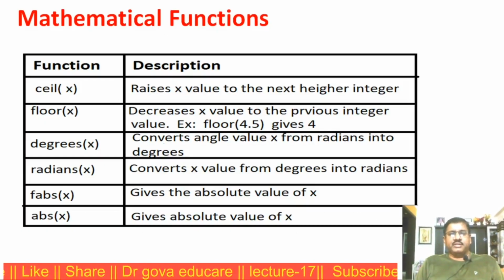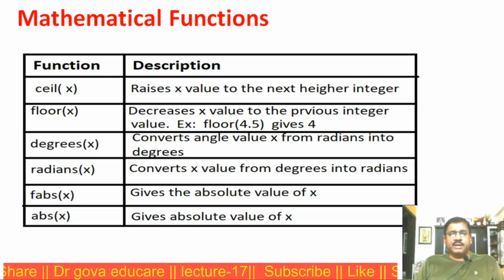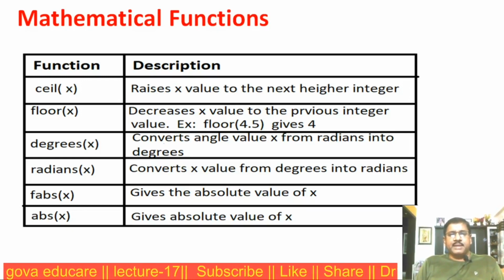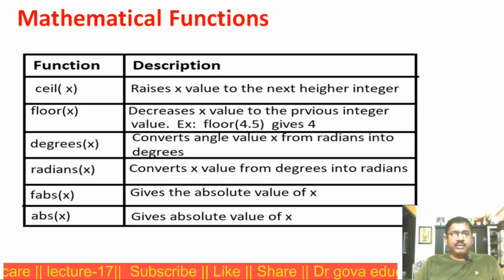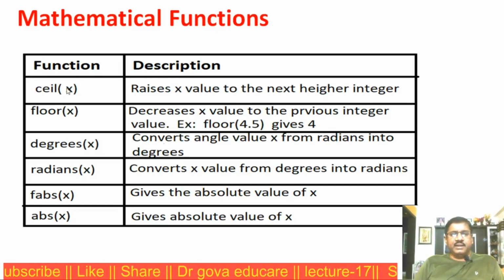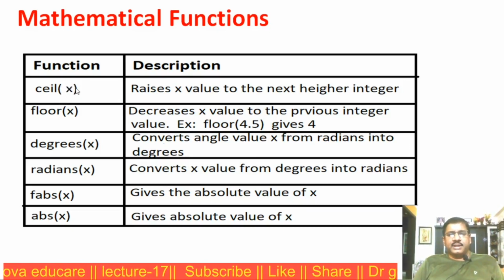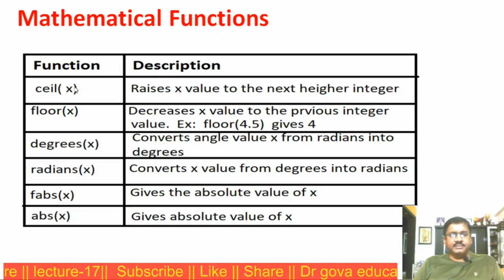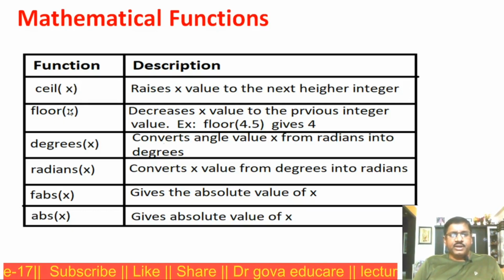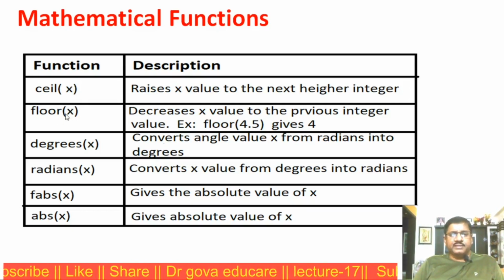Mathematical functions. In Python programming, there are some built-in mathematical functions. Now the first mathematical function, ceil of x. This function raises x value to the next higher integer. The next function, floor of x.